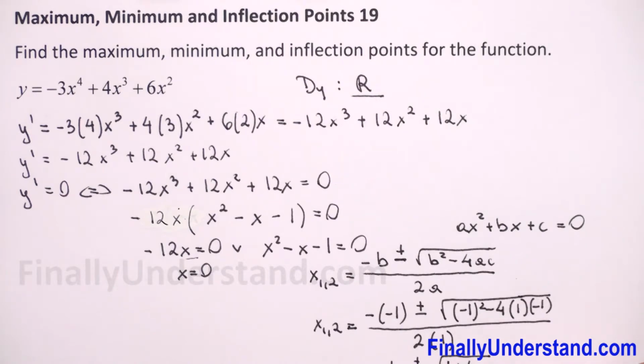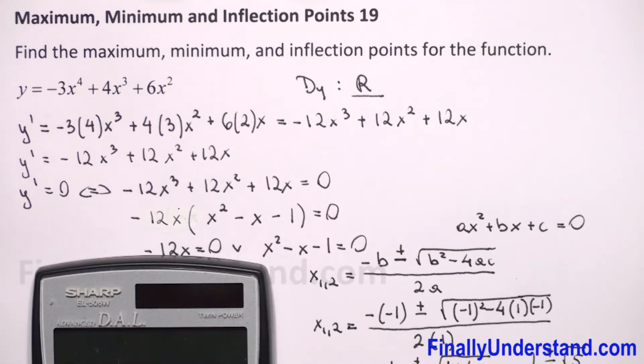So this is equal to 1 plus or minus the square root of 5, over 2. So we have two solutions. One is x1 equals 1 plus the square root of 5 over 2, and the second is 1 minus the square root of 5 over 2. We can use a calculator and calculate these values.